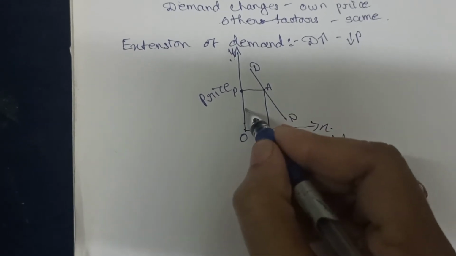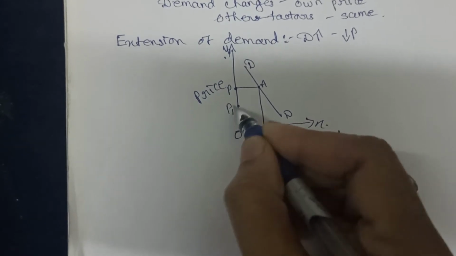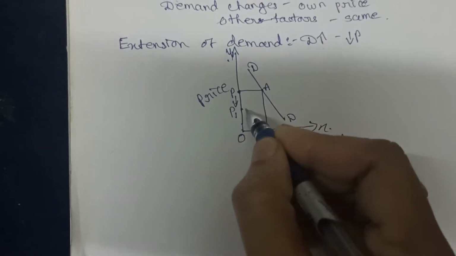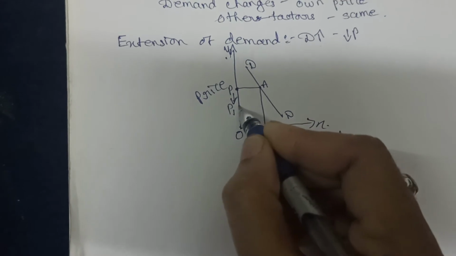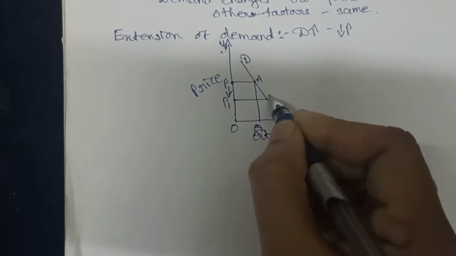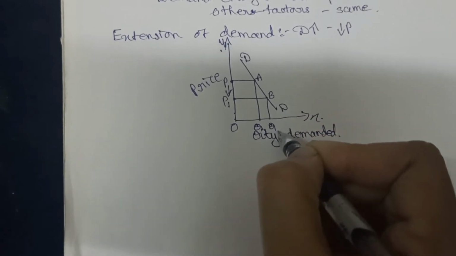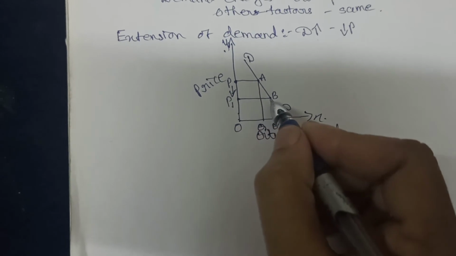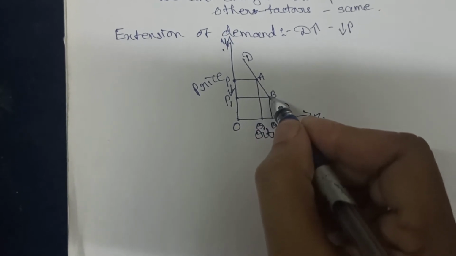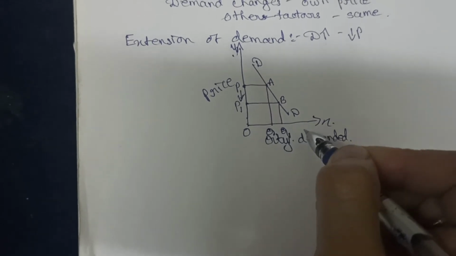Now the price falls from OP to OP1. What is the demand now? The quantity demanded increases from OQ to OQ1. Draw the line to where it touches the demand curve, that is point B. Join it to the x-axis, and this is OQ1.